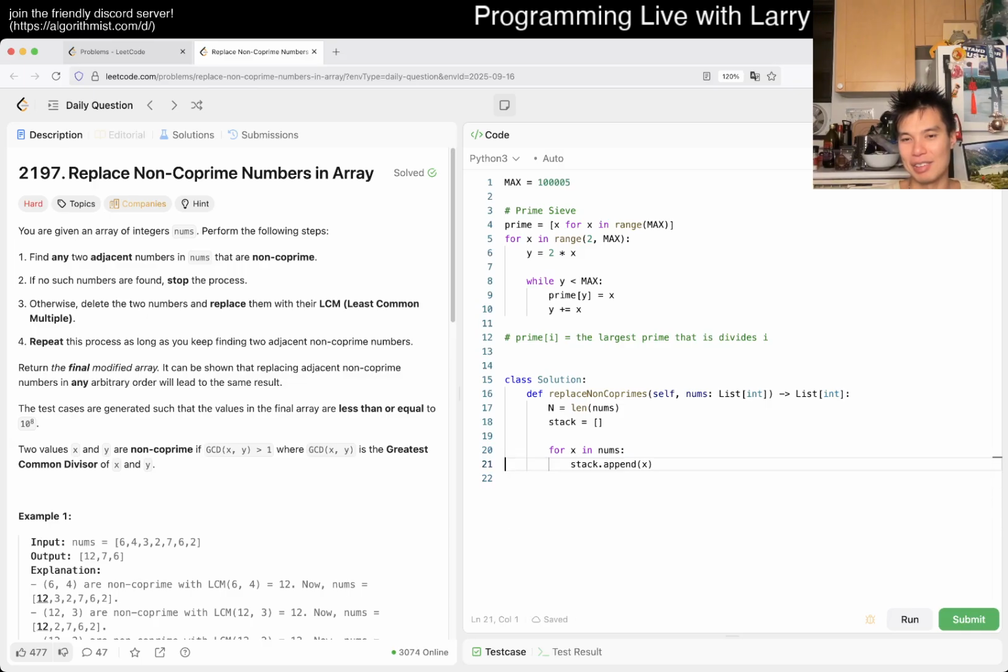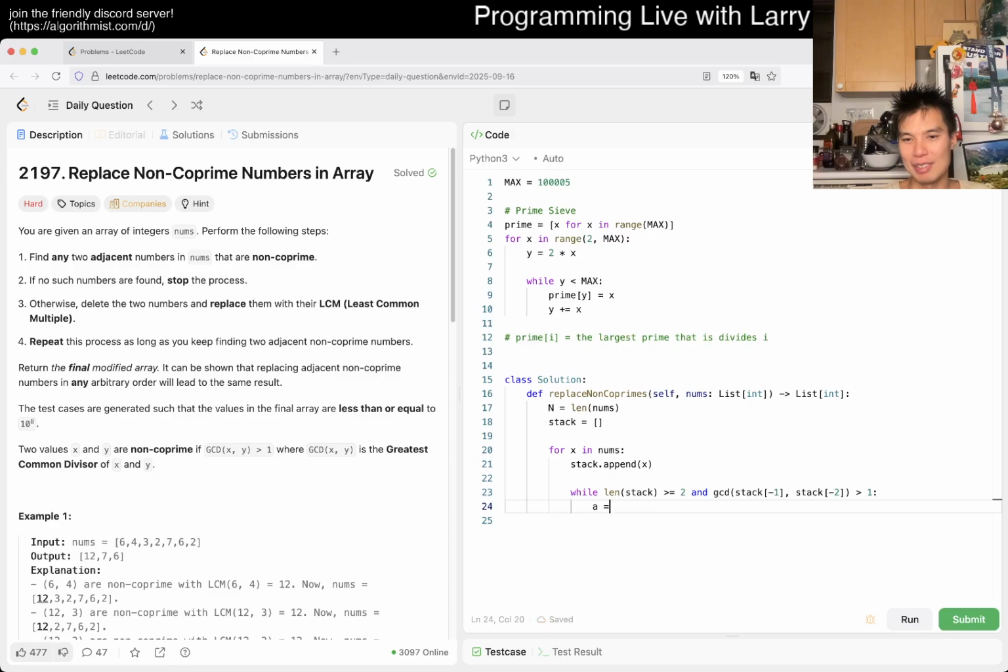I guess there are a couple ways to do it. And then while the length of the stack is greater than or equal to 2, and the top of the stack and the second top of the stack, if the GCD is greater than 1, then now we can pop, right?